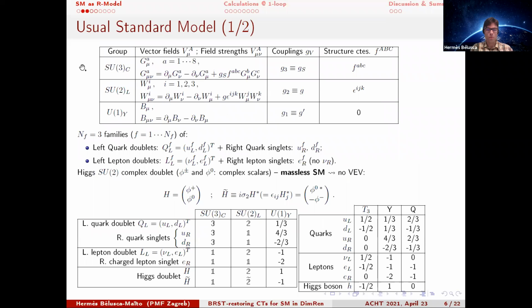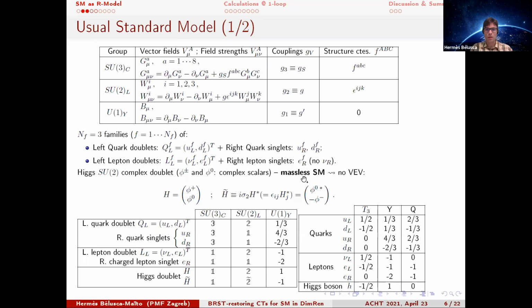So, we know the composition of the standard model, SU(3) cross SU(2) cross U(1). And we know that we can define it with left-handed quark and lepton doublets, and right-handed quark and lepton singlets. We also add, for the electroweak symmetry breaking, a complex Higgs doublet.